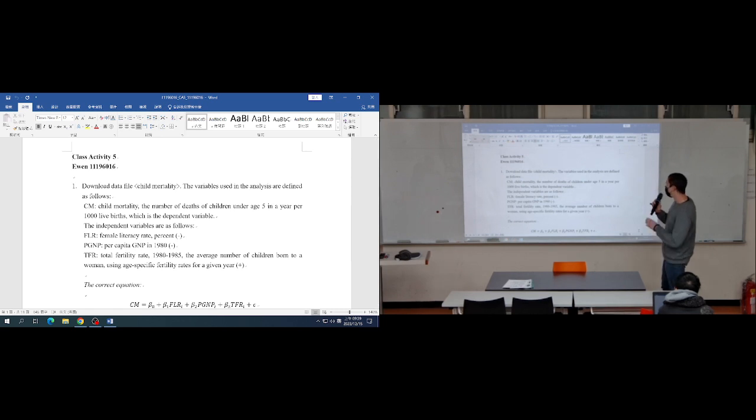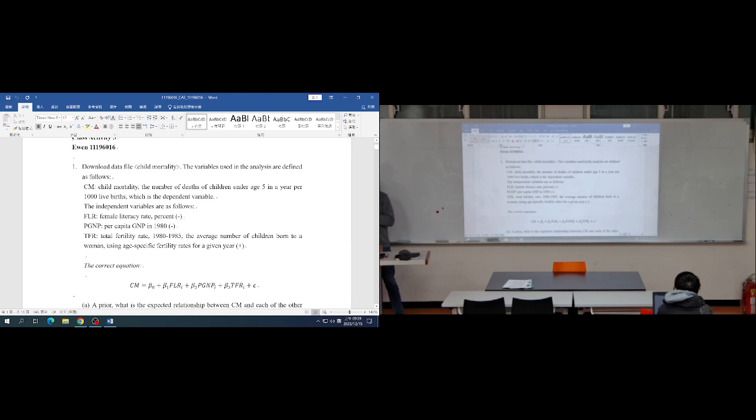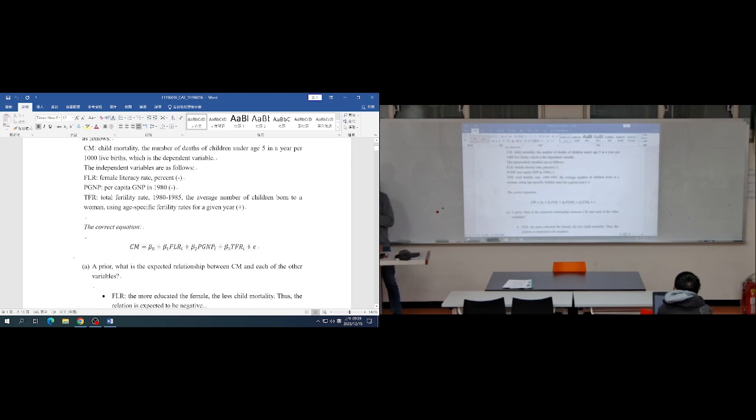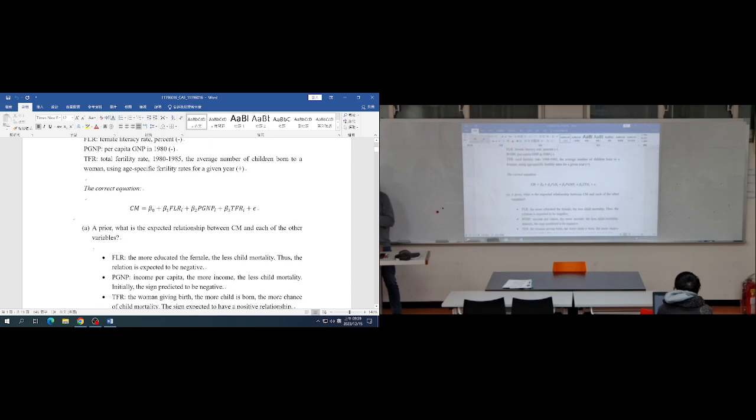So here are listed the different variables we have. Well, you spent a lot of time on it too, so you probably know them already. We have the child mortality, the female literacy rate, the per capita GNP, and the total fertility rate in the relevant years. So the correct equation would be this one.